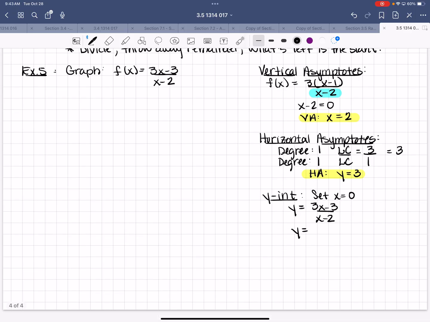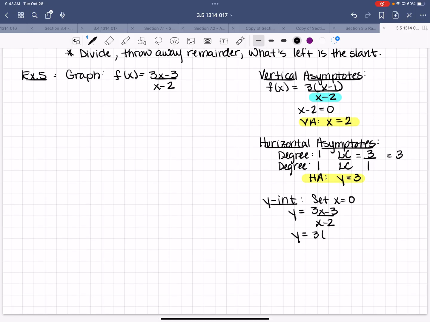I'm looking for that y-intercept. So this becomes 3 times 0 minus 3 over 0 minus 2. Okay, that's going to give me a negative 3 over a negative 2, which gives me 3/2. So if I list that as coordinates, I have a y-intercept at 0, 3/2.